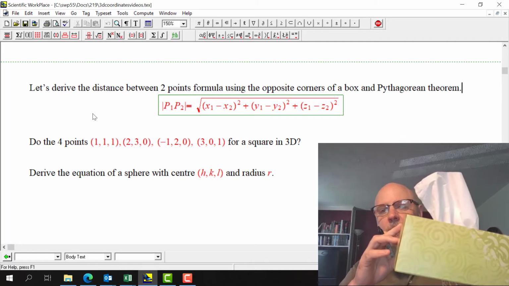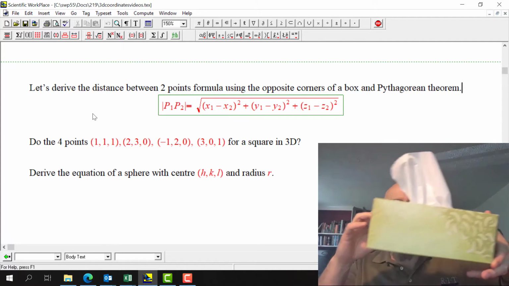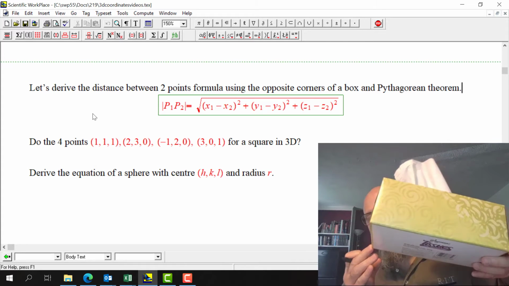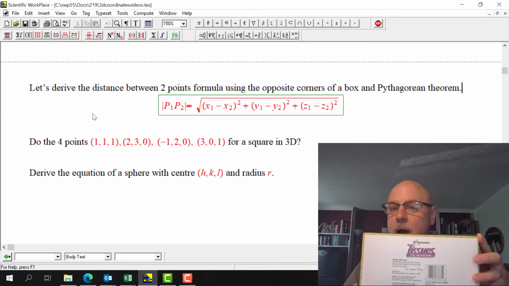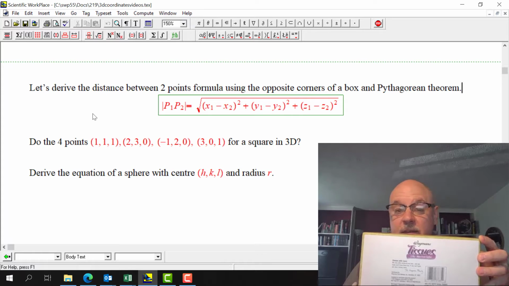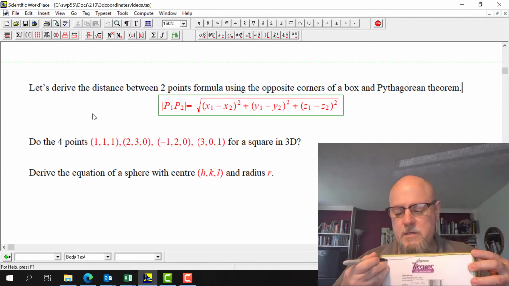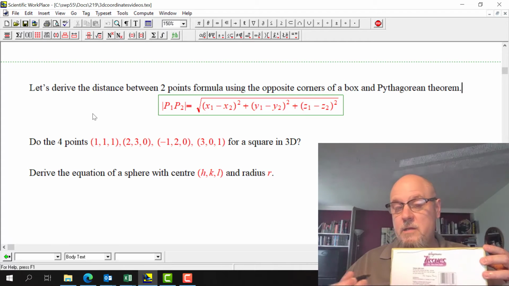Let's just think about the distance between not these 2 points, but these 2 points. Now there is no change in the z. The x runs along here and the y runs along here.